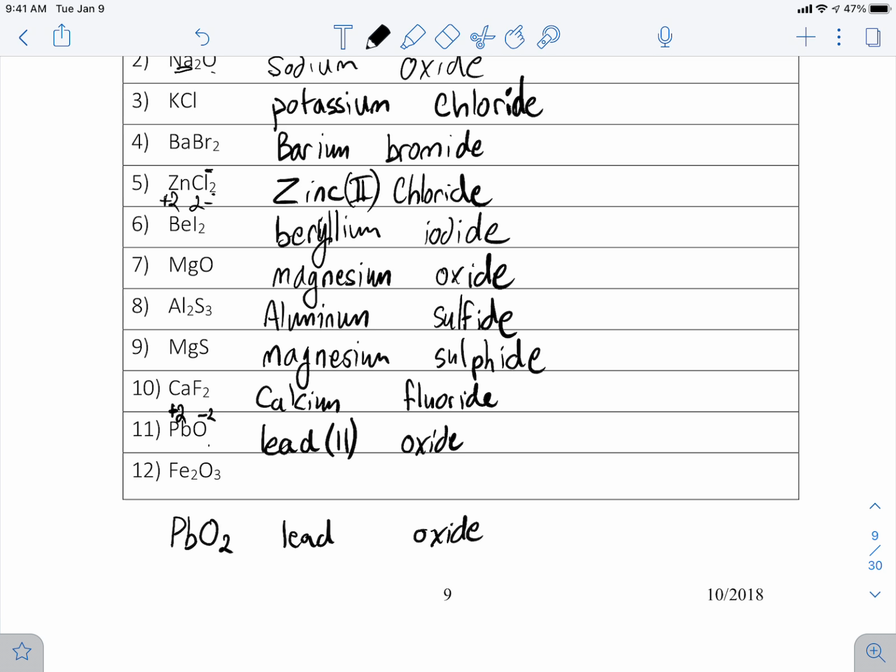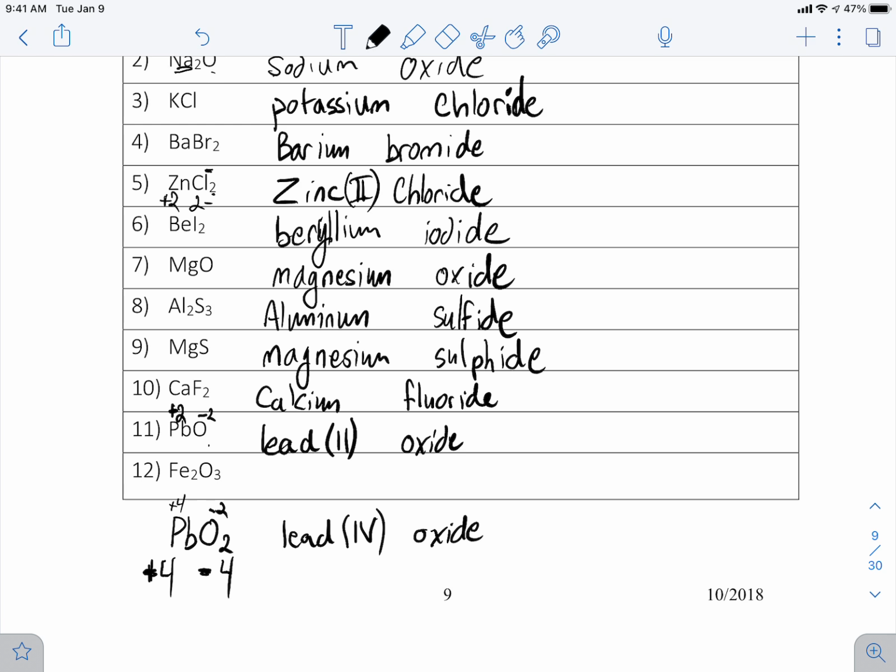But the extra oxygen means that although they both have a -2, we have a total of -4 down here, 2 times 2. So that means the single lead must be providing a +4 charge. So the lead is not 2, but 4. That would be lead 4 oxide.